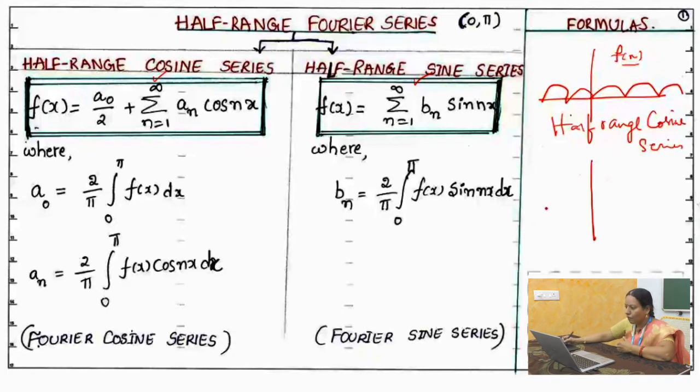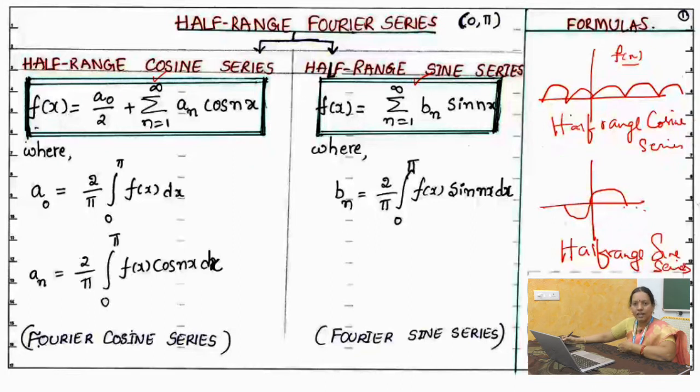Suppose you extend your function as an odd periodic extension, then your function becomes an odd function, and hence we can frame a half-range sine series.